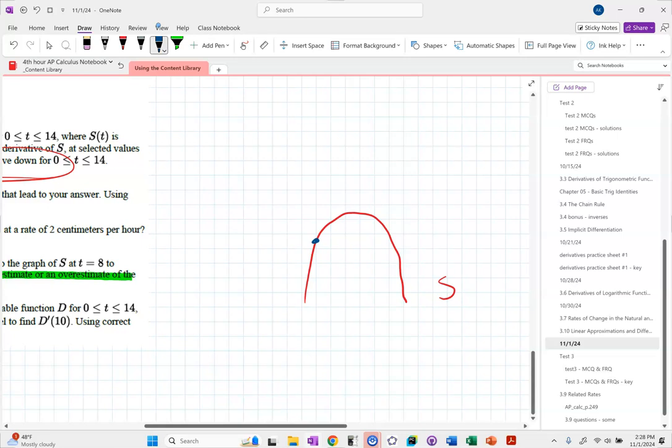If I draw a tangent line to S, and I say I want to approximate this value, what am I going to have? Is it going to be an overestimate or underestimate? Well, the blue is the approximation, and the red is the exact. So it's an overestimate, right?